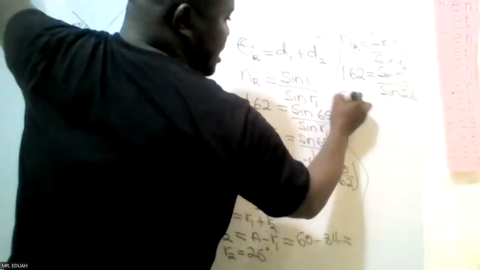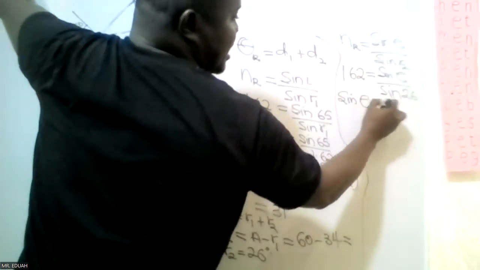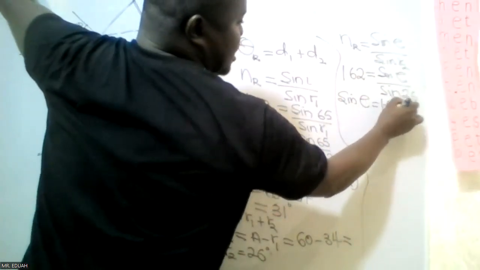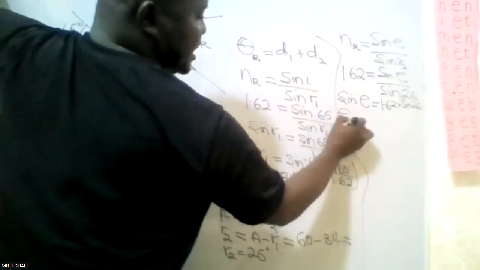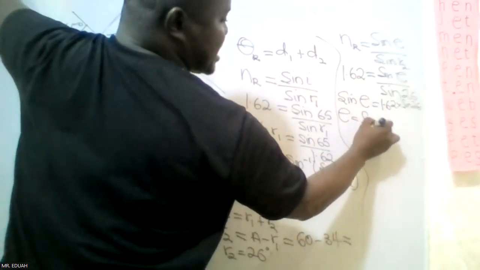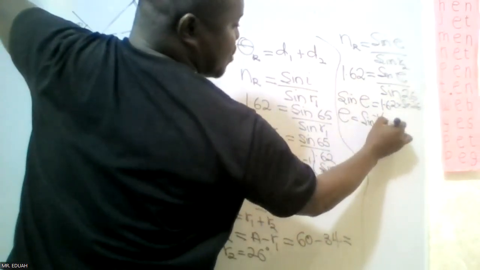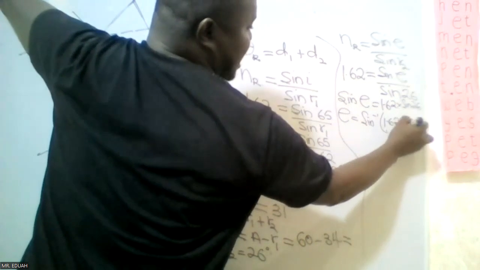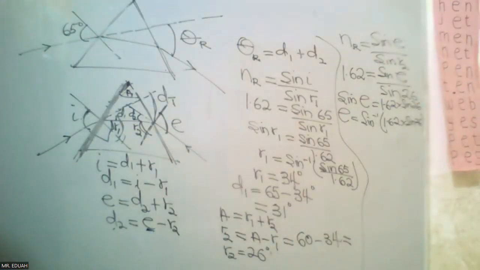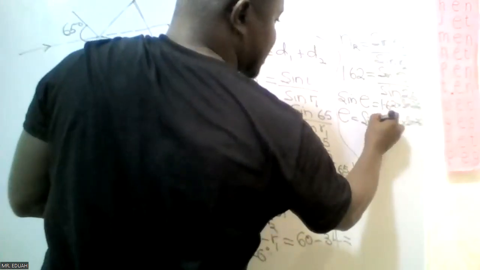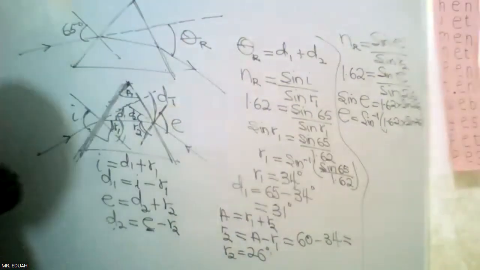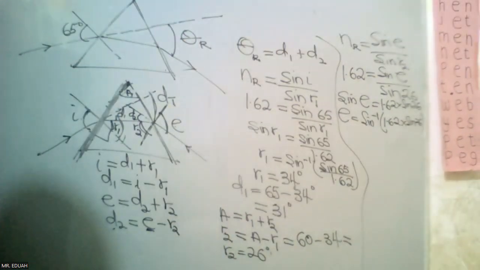Quickly do that for me. So sine of E is equal to 1.62 times sine of 26. When you finish, E is equal to the sine inverse of all this, 1.62 times sine of 26. Let's have another person doing it so that we can be sure of the final answer. I don't want a call from only one of you.